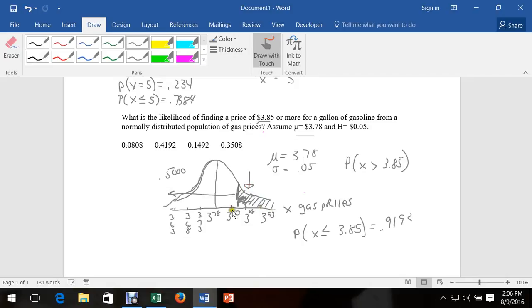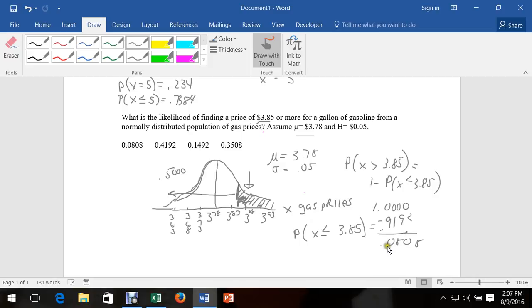And so, as we did with the binomial, we know that this curve encompasses the entire data set, or a probability of 1. So if we want the probability that x is greater than 3.85, all it is is 1 minus the probability that x is less than or equal to 3.85, or 1 minus 0.9192, 0.0808, or about 8.08%.